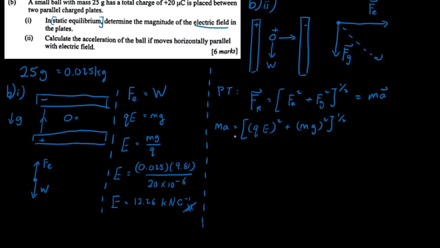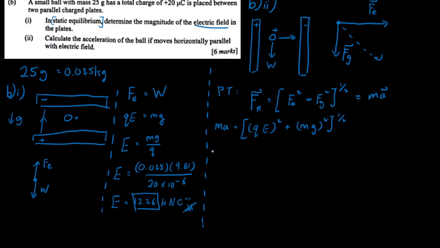All right. So now what we can do is substitute for the values. And at the same time, we have the value from our previous question, which is 12.26. So we assume that it's going to be the same electric field, same electric field strength. Okay.